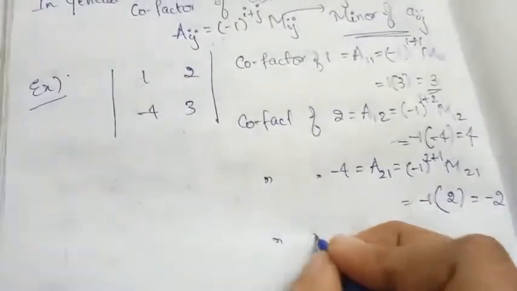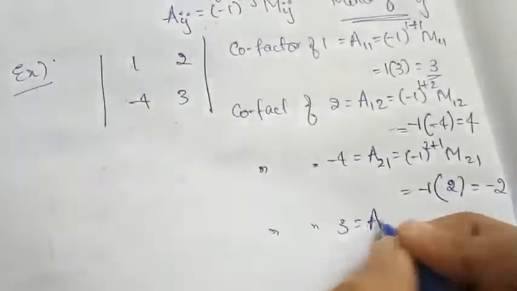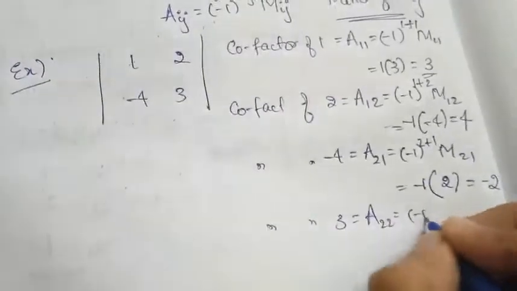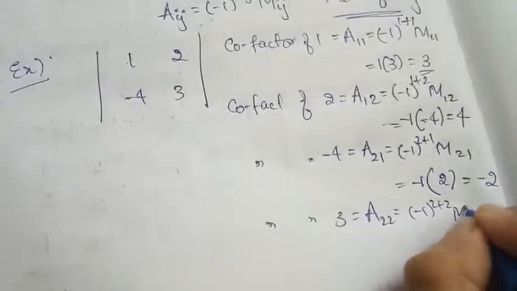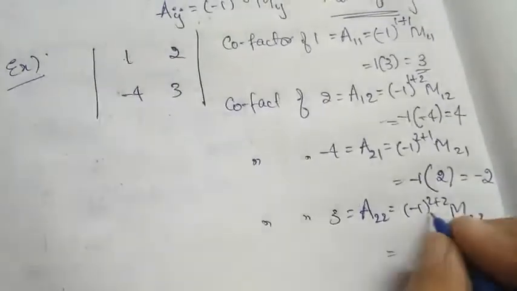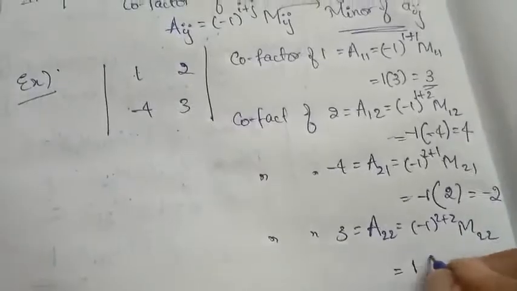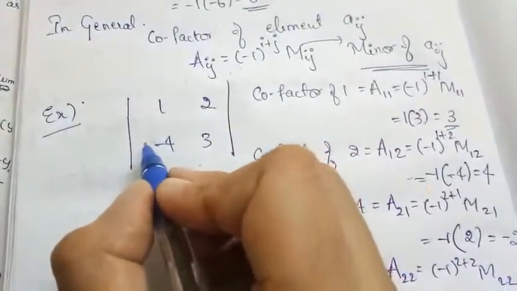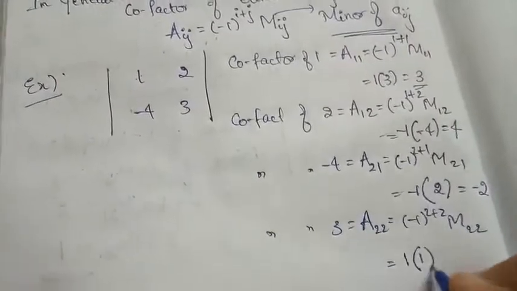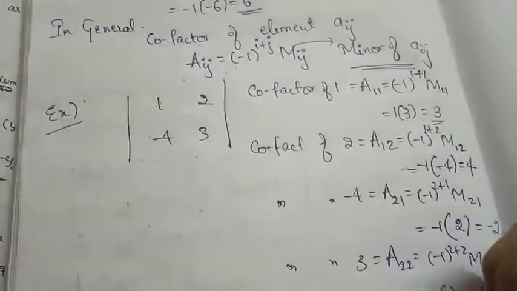Again, cofactor of 3. It is nothing but A22. So minus 1 to the power 2 plus 2 into M22. Minus 1 to the power 4 is 1. M22 is nothing but deleting the row and column containing 3, the remaining is 1. So 1. This is how we are finding the cofactor.